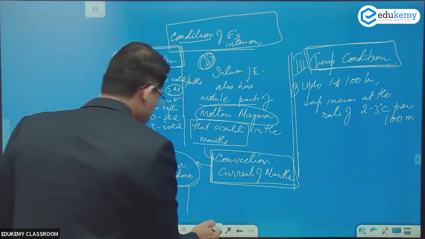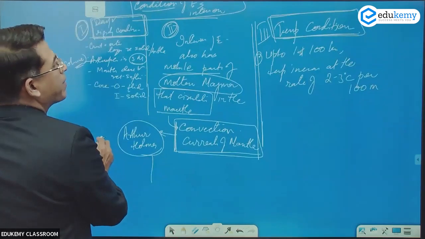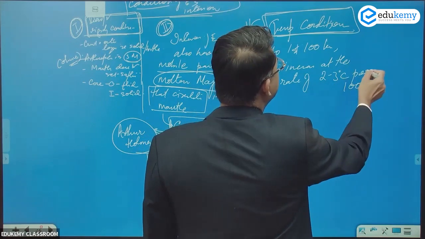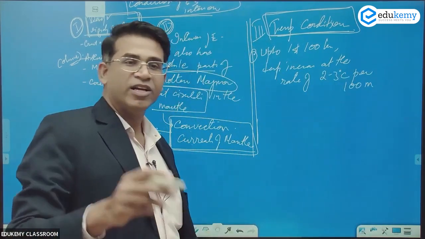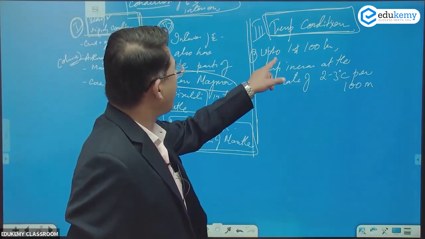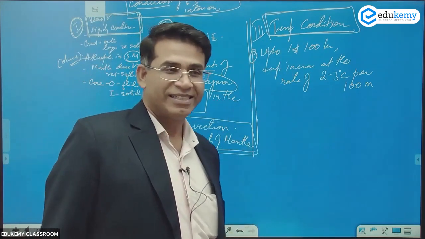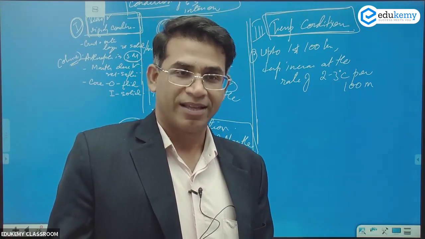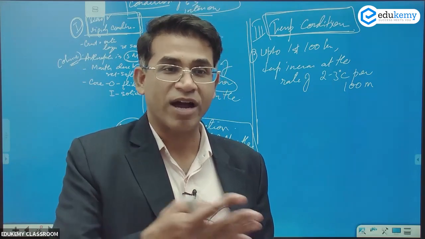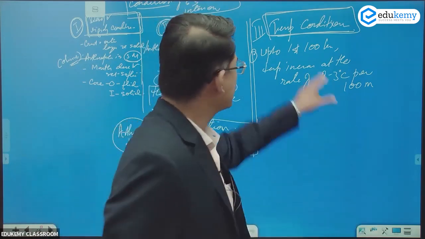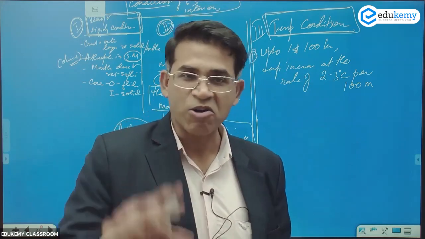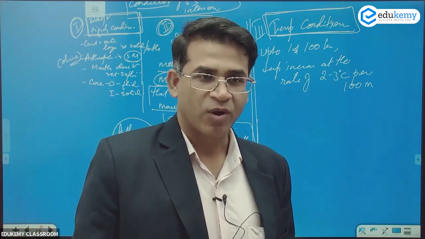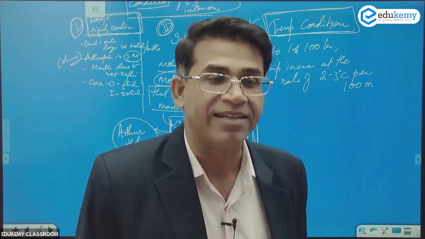Come back here. In the first 100 kilometers, the temperature increases at the rate of 2 to 3 degrees centigrade per 100 meters. Now if you're asking me, sir, why is the lithosphere cold? Cold or warm is a relative term, no? You're comparing. When I say it's cold, compared to what? Not your packet of ice, not your cold Coke. Cold compared to as you go deeper inside.